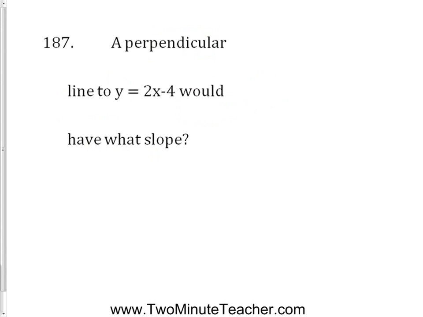Okay, so it would have a slope of 2. If it was perpendicular, that's this kind, a perpendicular line to y equals 2x minus 4, then perpendicular lines don't have the same slope, but they have a certain relationship to that slope. So here's the slope in question, the slope of 2 on this line. The other line would have to have a slope of the opposite reciprocal of that number.